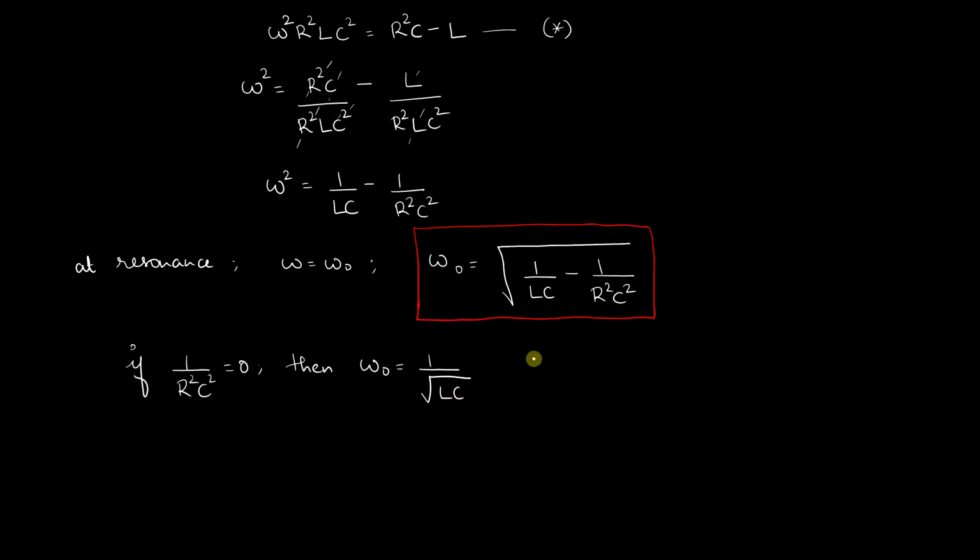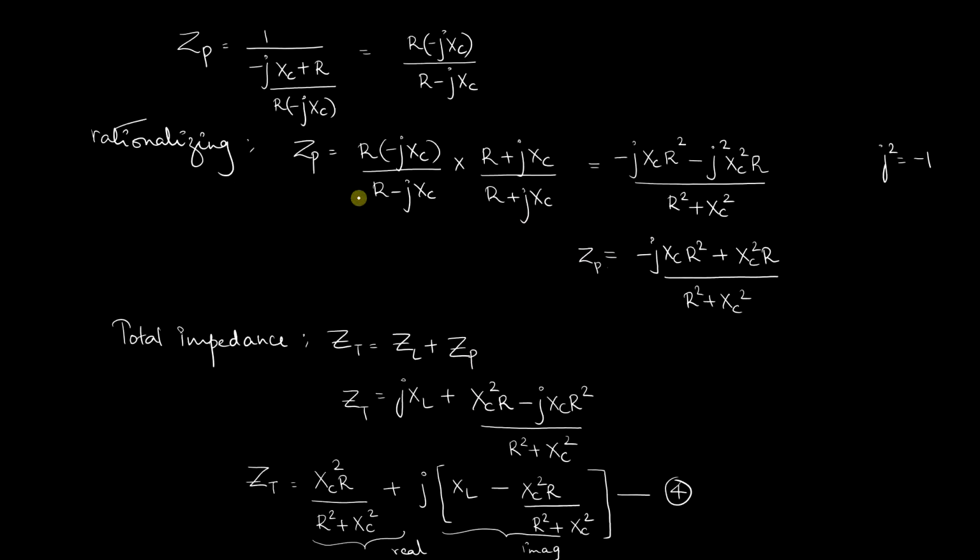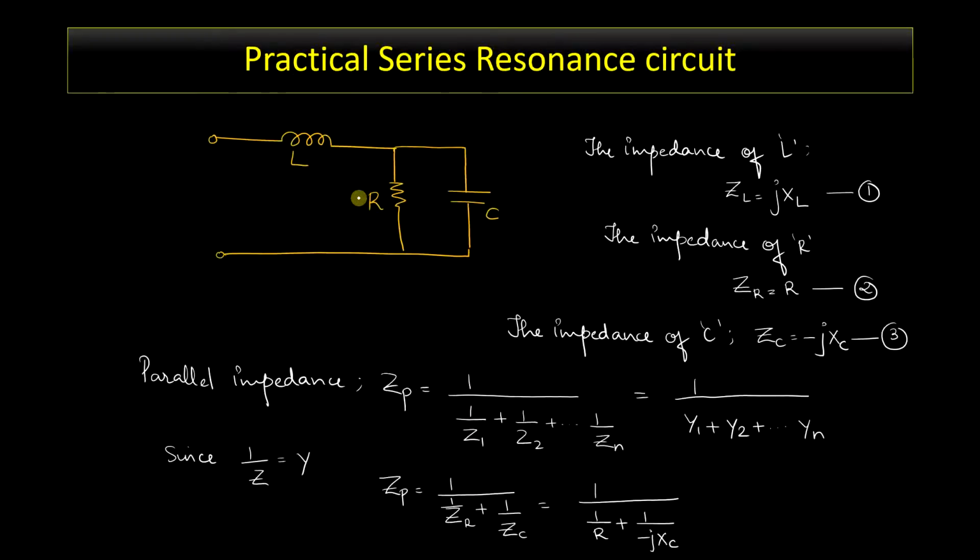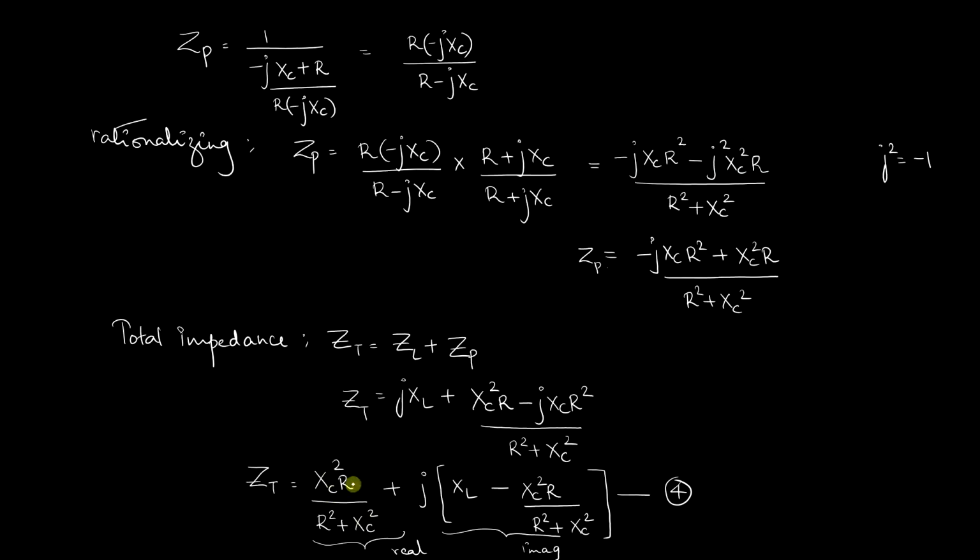Whereas if I am considering this term, 1 by R square C square, to be equal to 1 by LC, then the entire omega naught expression will go off, and what I obtain finally will be the expression for ZT. This entire imaginary part of the equation is eliminated and you have only the expression for ZT.